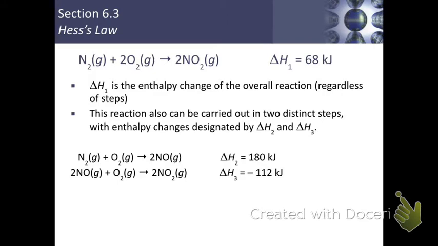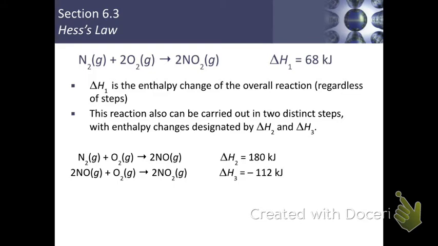Okay, so for these Hess's law problems, you're going to be getting, here's our main reaction, and then here's the small reactions that had to take place to get to our final. That kind of makes sense so far? You've got a big reaction that you're focusing on, and then these little reactions. For these little reactions, your delta H values will always be given, right? It'll always tell you this is how much heat was required for this reaction and this for this reaction. You won't always get this one, okay?